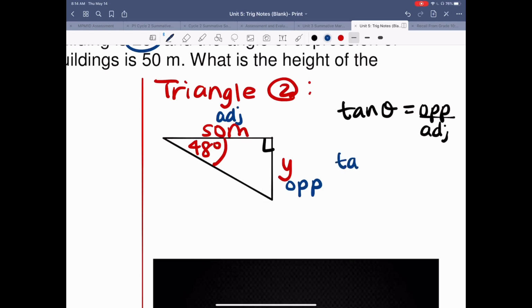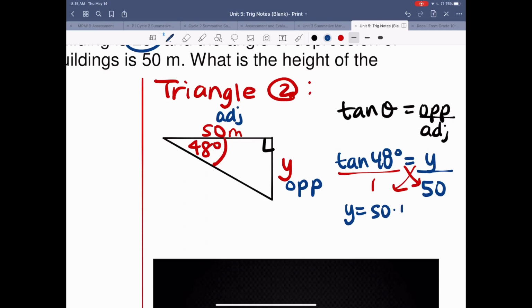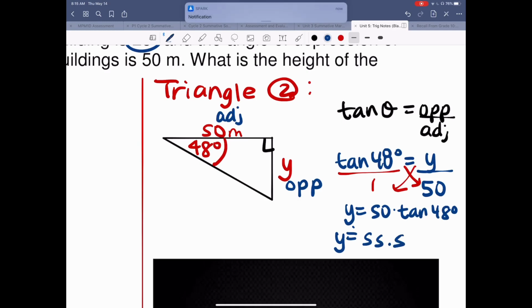Therefore, tan 48 degrees is equal to y divided by 50. At this point, I'm going to cross multiply again, and I get y is equal to 50 times tan 48 degrees, and therefore y is equal to approximately 55.5 meters.